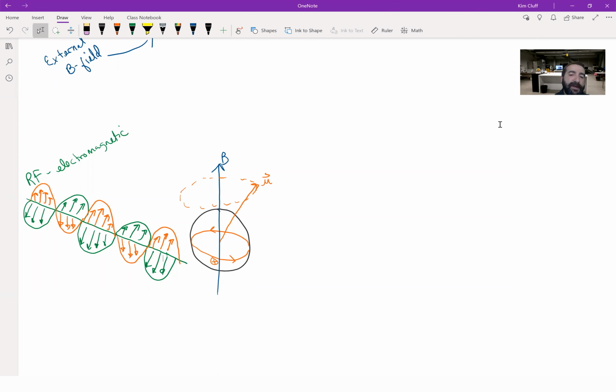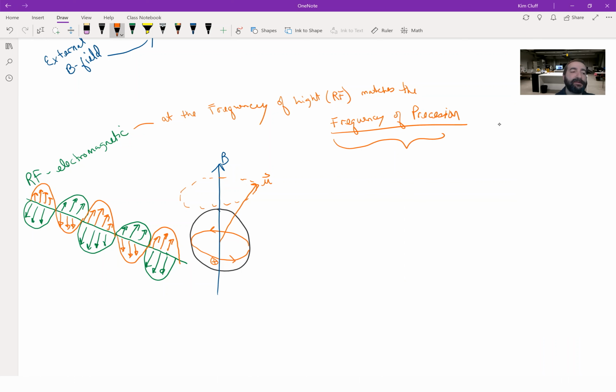And as it turns out, if the frequency of the light, or the RF, matches the frequency of precession, okay, what will happen is called resonance. You get resonance. It will resonate.